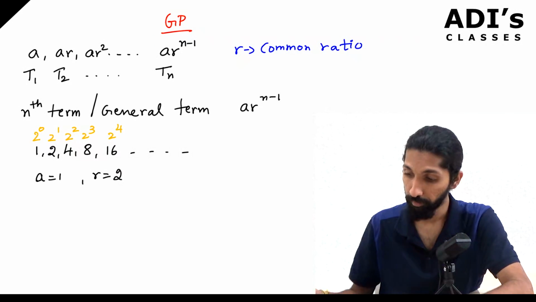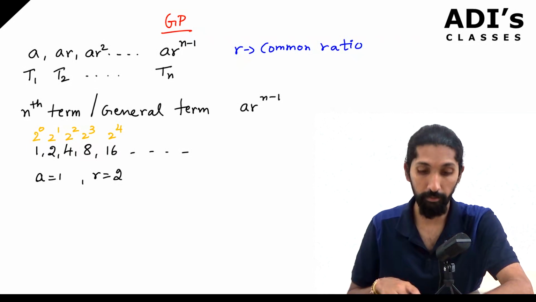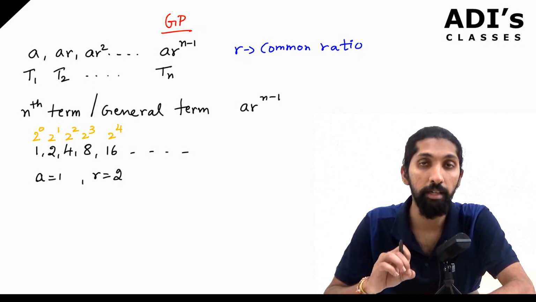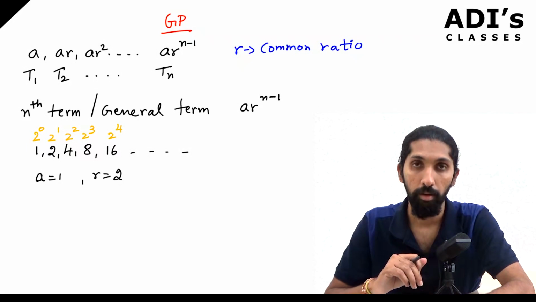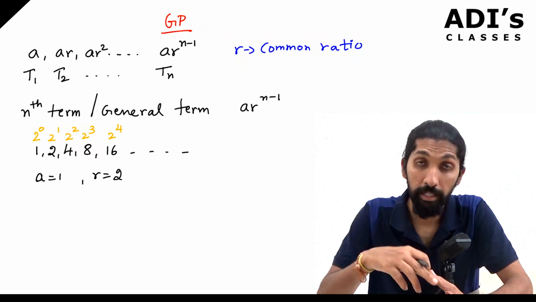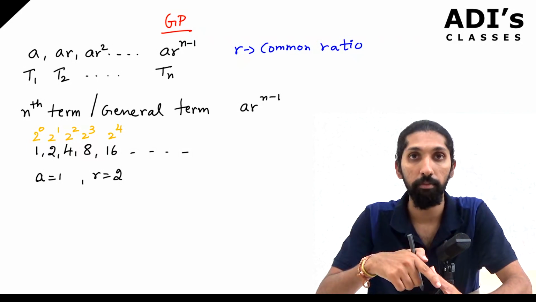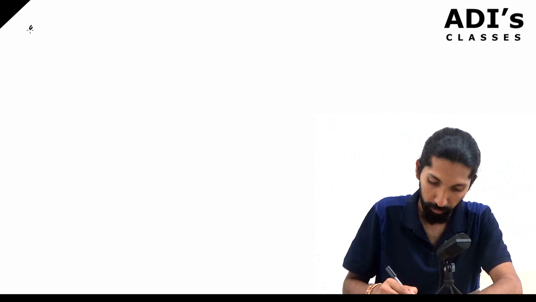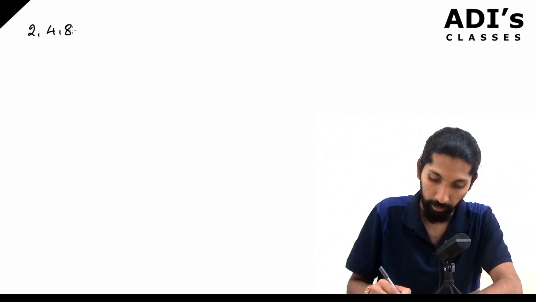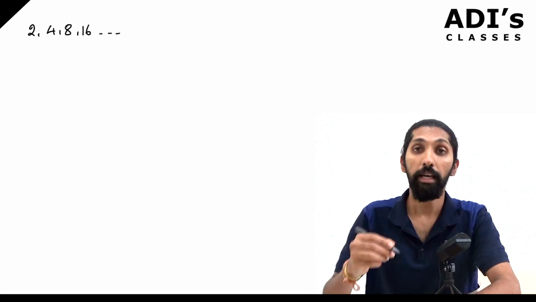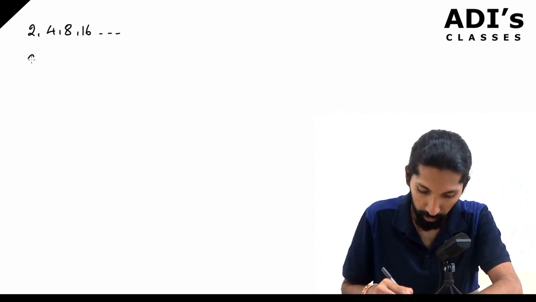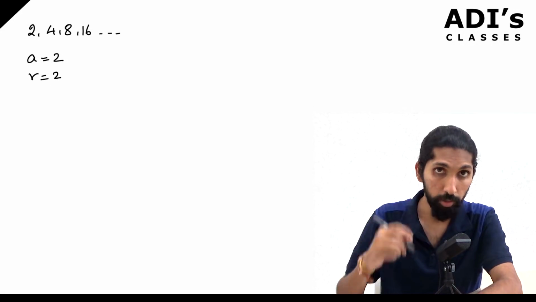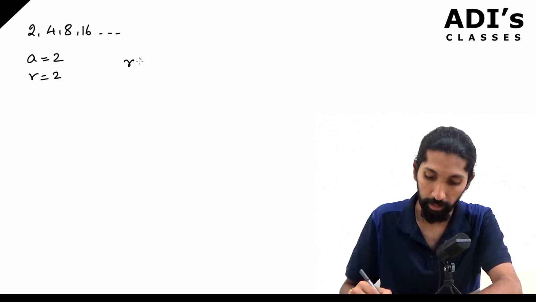Fair enough? Now the next topic is the sum of n terms of a GP. Whenever we have the sum of n terms of a GP, there are two types. Consider this sequence: 2, 4, 8, 16, so on and so forth. In this, the a value is 2, the r value is 2, correct? So what you should understand is that r is greater than 1.